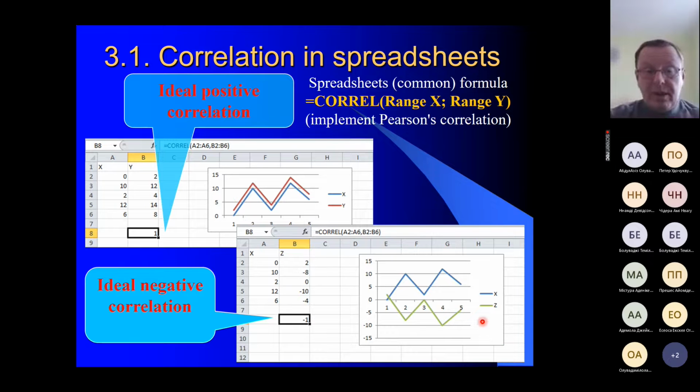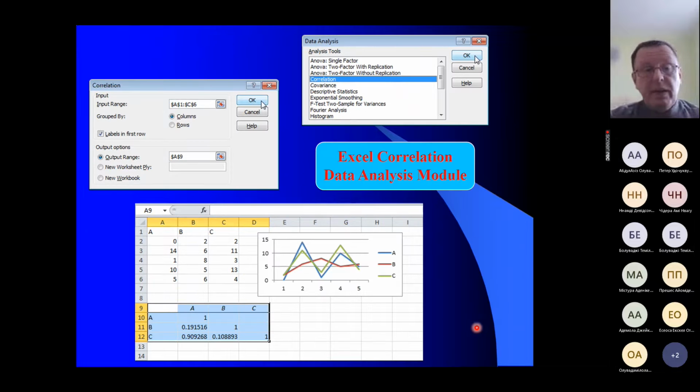As you can see, it should be obvious that positive correlation means that both variables incline or decline simultaneously. And when we have ideal negative correlation, or close to ideal negative correlation, we have a mirroring between dependent and independent variables: one inclines, the second declines, and so on.